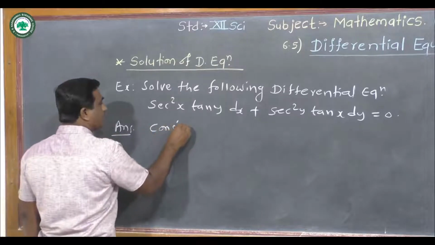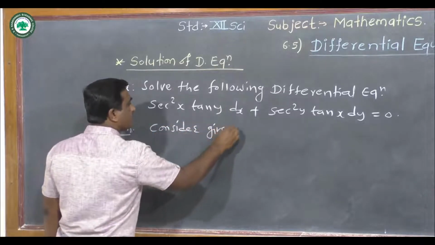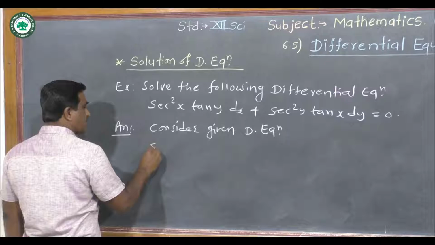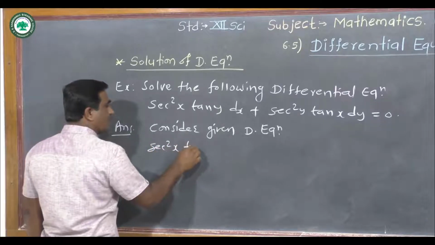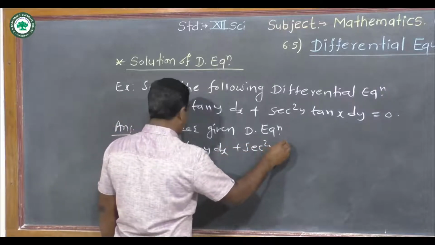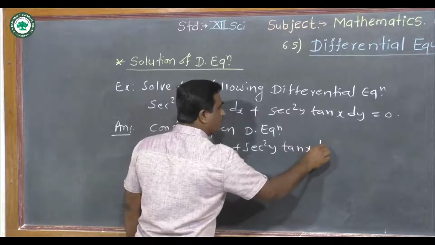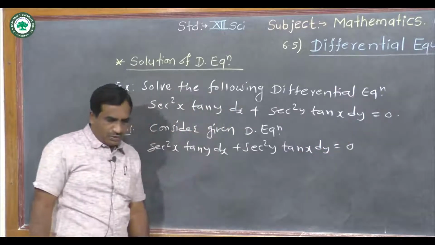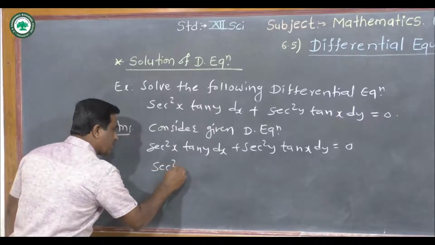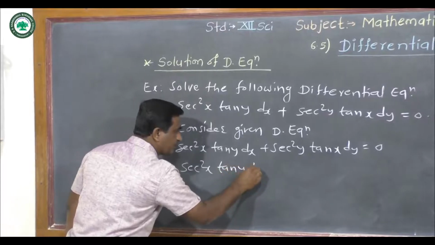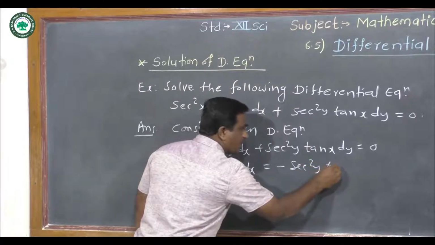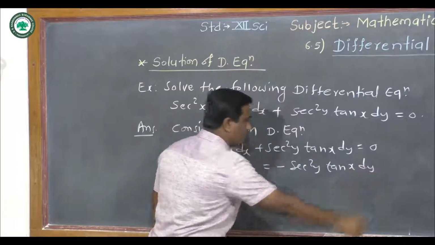Consider the given differential equation which is sec square x into tan y into dx plus sec square y into tan x into dy equal to 0. Now we have to write this equation in variable separable form. Therefore we can write sec square x into tan y dx is equal to minus sec square y into tan x into dy.